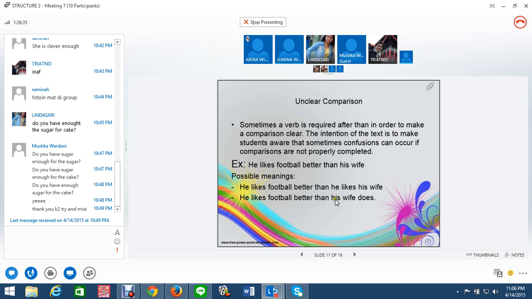This is then, subject and verb. Okay, so it means that I have to conclude, I have to briefly say that sometimes it is necessary to use both a subject and a verb after then, in order, agar, to avoid, menghindari unclear comparison. Okay?